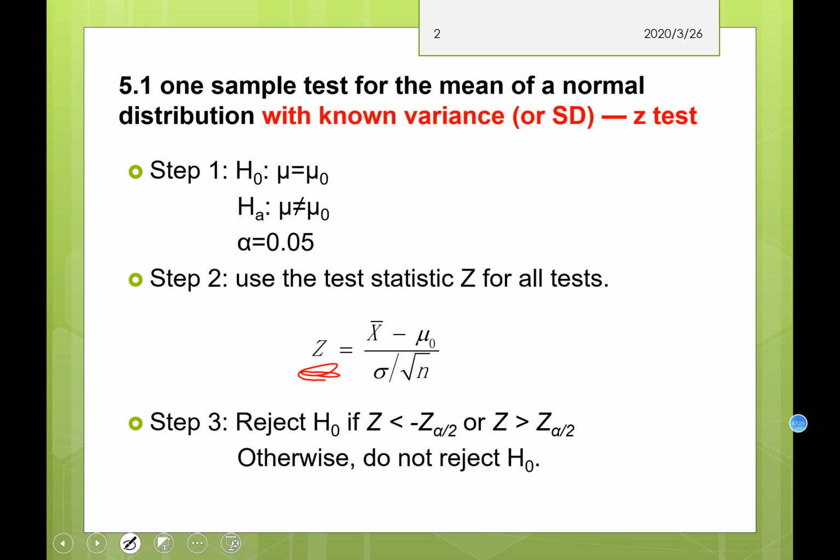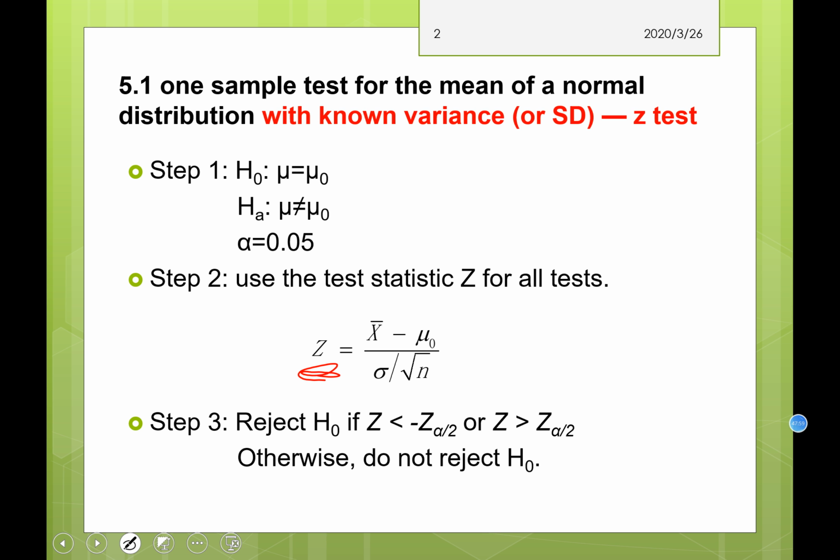Last class, we have talked about how to use the table A1 in chapter 1. And I think Teacher Gao has taught you how to use that table too. So with the help of appendix table A1, we can find the probability, the P value for Z.